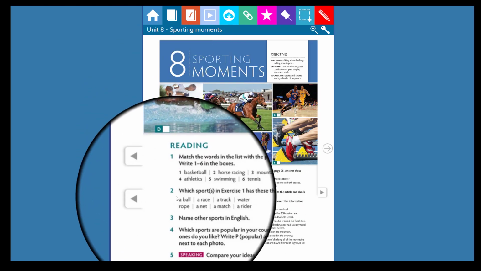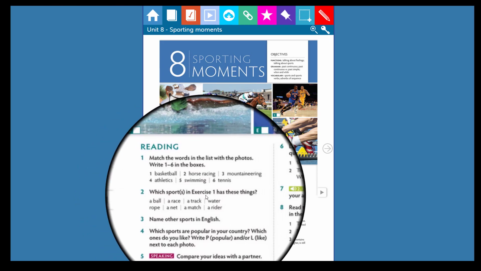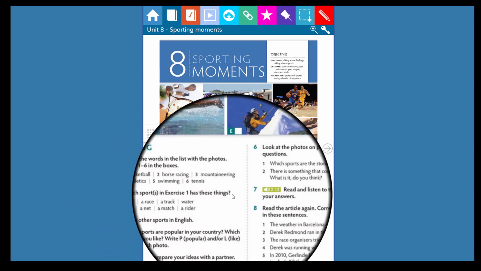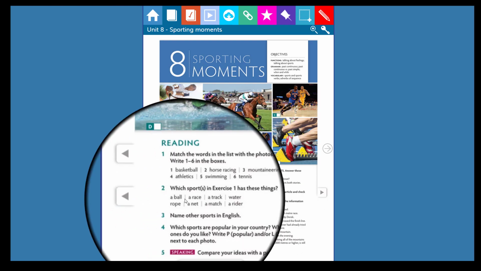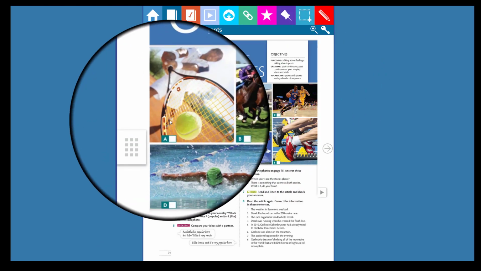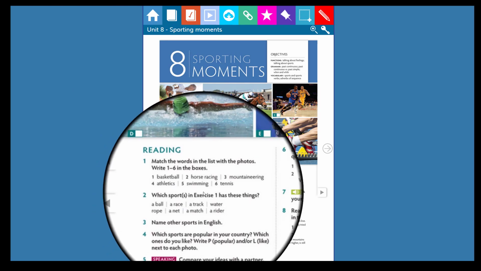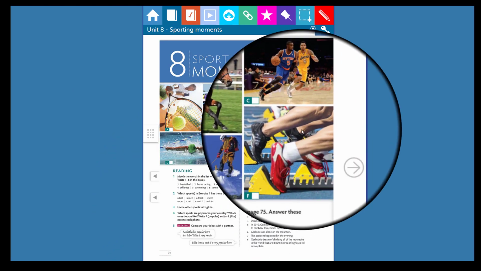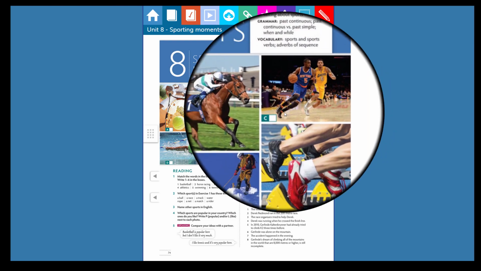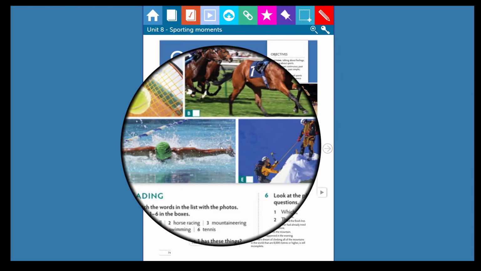Okay. Activity number 2. Which sports in exercise 1 have these things? For example, a ball, what do you think? Basketball and tennis, good. A race, what do you think? Athletics and horse racing, good.